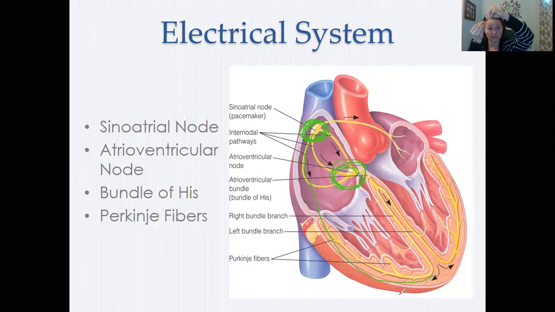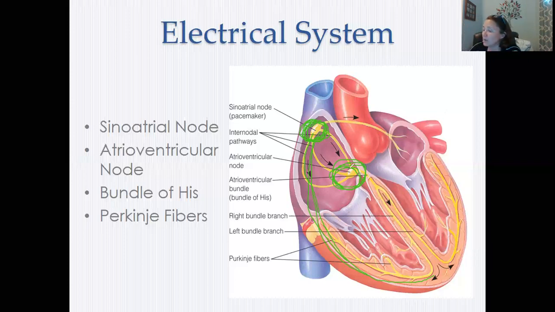Both sides would get squeezed at the same time. Would that be functional at all? No, it would not. We need our blood flow to be squeeze, squeeze, squeeze. And that's what that electricity is doing. If this electricity went all the way down and there wasn't anything to control that, we'd have just mass chaos happening. And it would not be good for your perfusion.